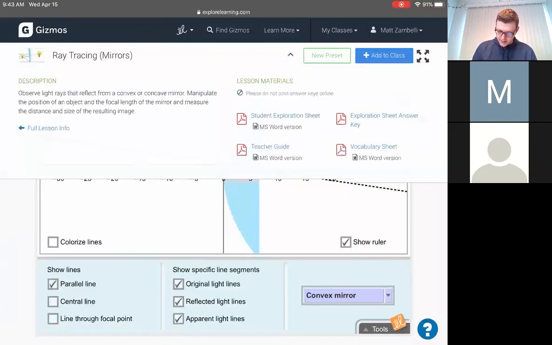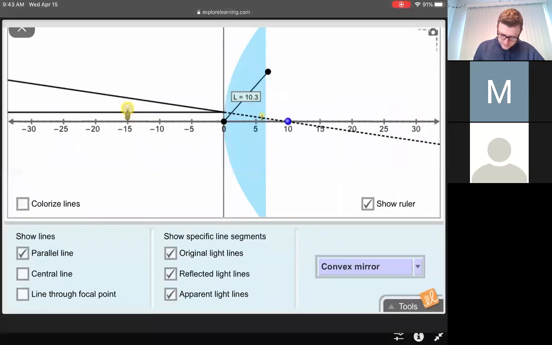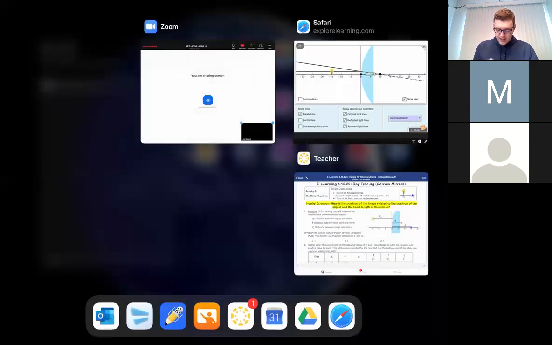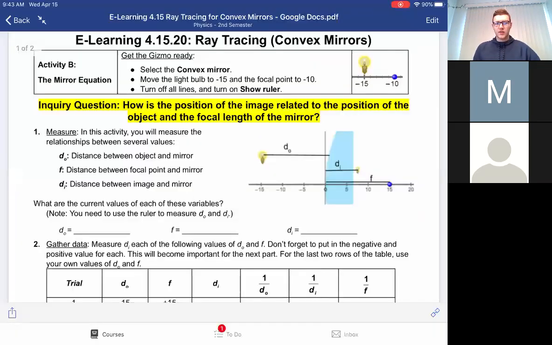Struggling to move it today. All right, this is, I think, as close as I'm going to get it. So it should be right about 6 for the distance from the image to the mirror. And then the last one, we just put right here to the focal point, that blue dot, and that's going to be 10. So that is those first 3.